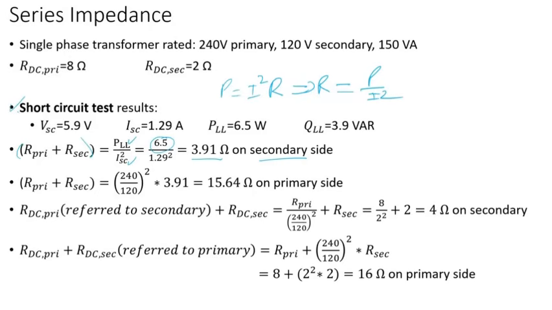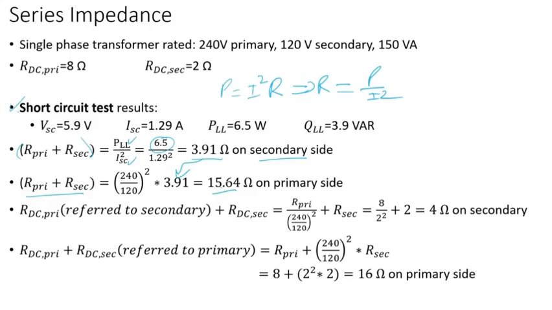You want to use the values on which side you perform the test on. So then I can take that resistance and refer it to the primary side, which is just applying the voltage ratio, basically 240 divided by 120 quantity squared times 3.91 ohms. So I get 15.64 ohms on the primary side, which makes sense.